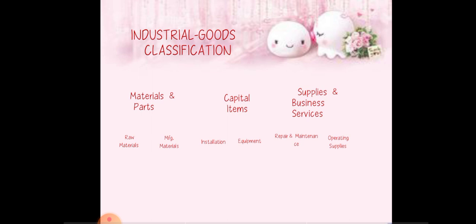Things that you use in order to operate your business that have a short lifespan are put under operating supplies.